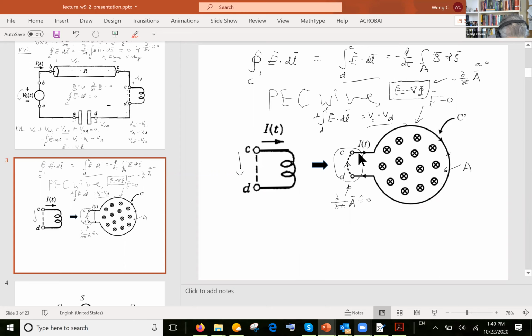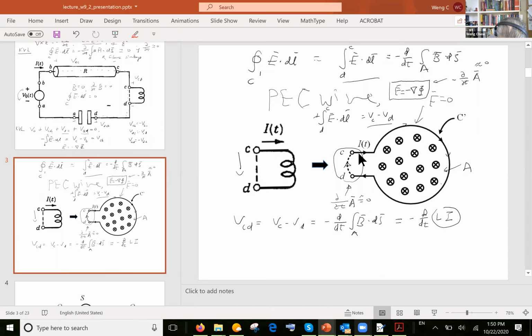If I do that, then this integration that I have on the left-hand side is just equal to VC minus VD, which is equal to minus d dt of B dot ds over the cross-sectional area A, and this is VCD. So I am able to relate VCD to the flux linkage, and I can write this as minus d dt of Li.